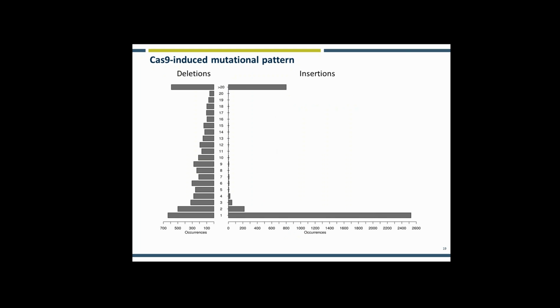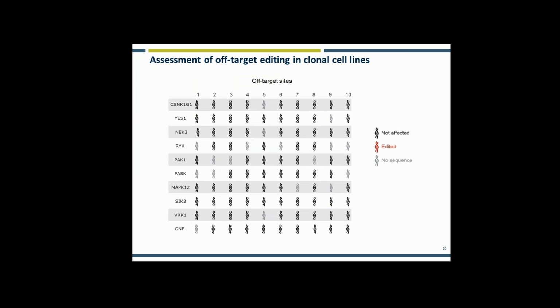But what's interesting is that the mutation we see with the highest frequency is a 1 base insertion. Although having said that, we tend to observe deletions with a higher frequency than we do insertions. Now, one thing we wanted to understand was the likelihood of off-target disruptions in this system.